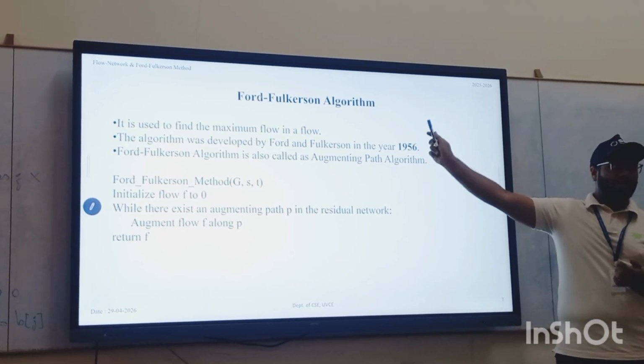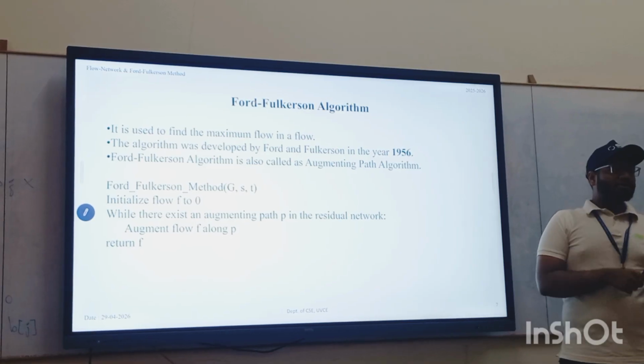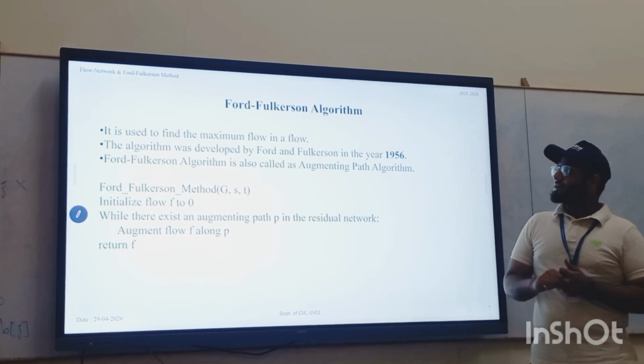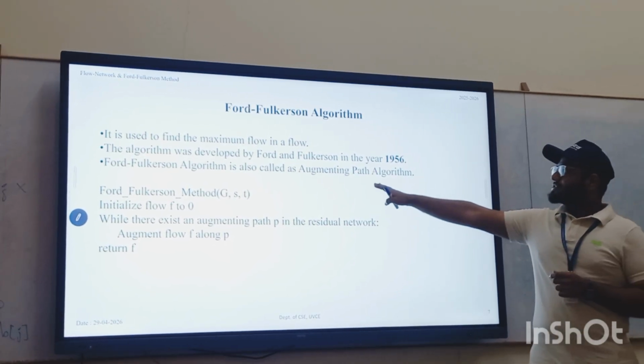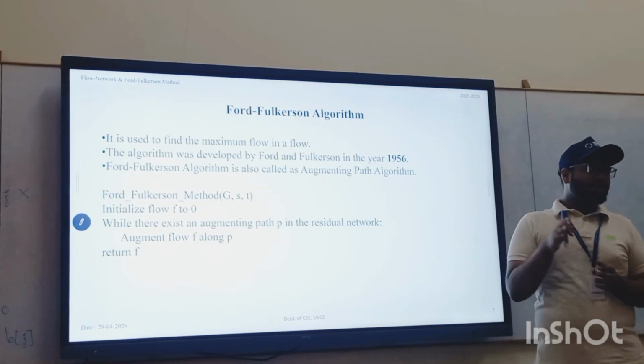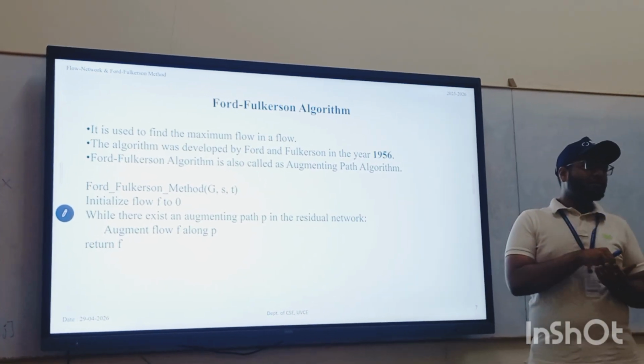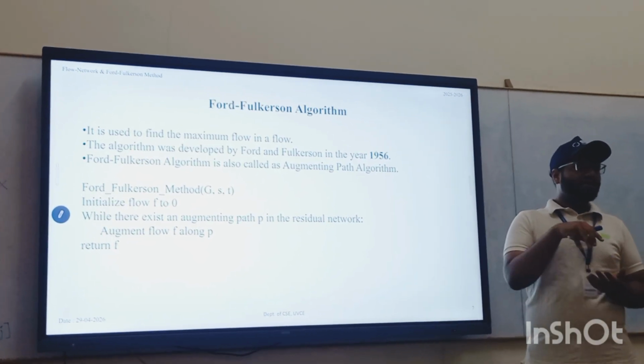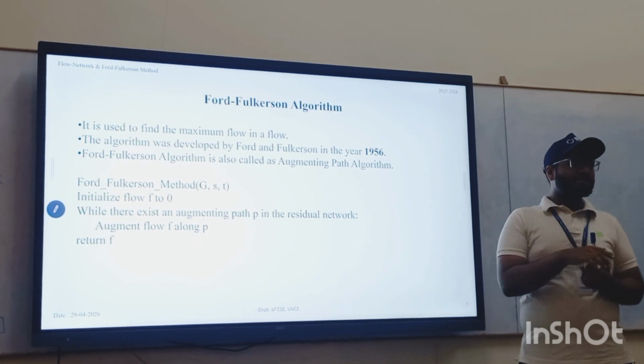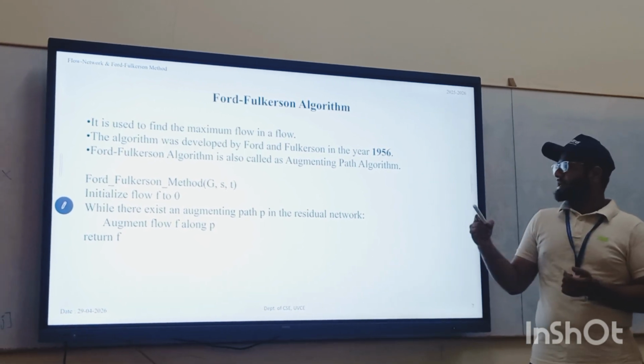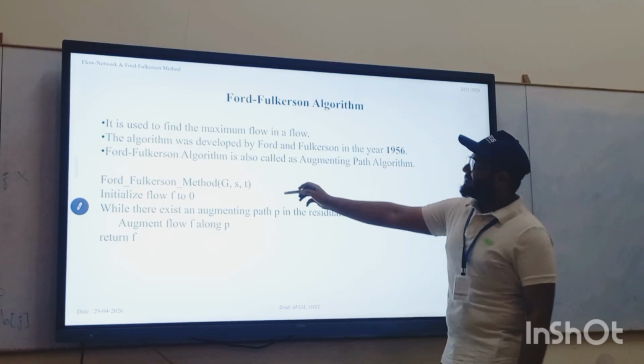One is Ford, the other is Fulkerson. This algorithm is also called the augmenting path method because it is based on the augmenting path. If the augmenting path exists, then only we can increase the flow value. Otherwise, we stop. So this is the method we are using.